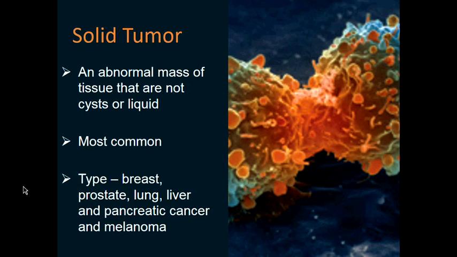Solid tumor is abnormal mass of a tissue that is not cyst or liquid. And they are the most common cancers. It is usually found in breast cancer, prostate cancer, lung cancer, liver cancer, pancreatic cancer, and melanoma. Most of the studies that we will do are probably going to be solid tumor studies.